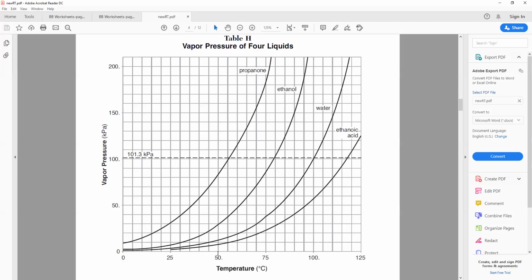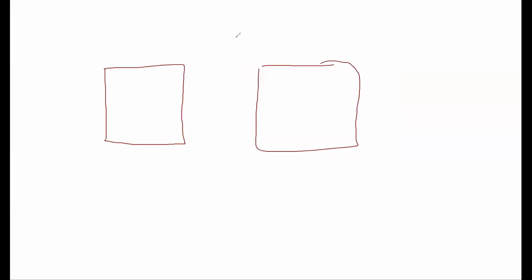So we're going to see, let's say, at 75 degrees Celsius, we're going to see that ethanoic acid has approximately 22 kPa. So we have ethanoic acid. The vapor pressure is approximately 22 kPa.